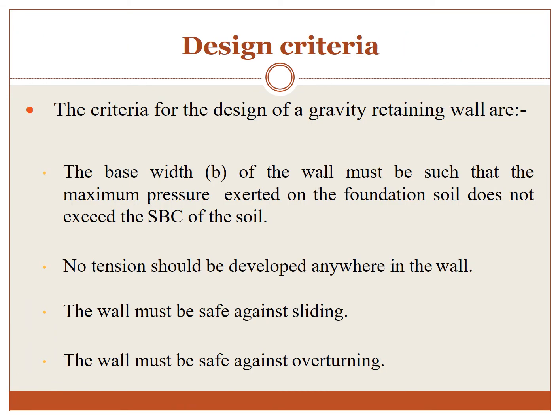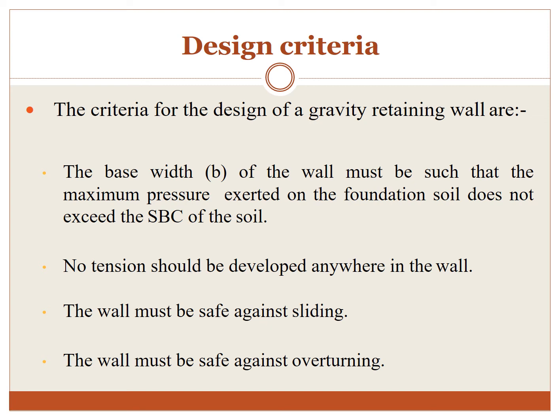So the design criteria for the gravity retaining wall are: the base width B of the wall must be such that the maximum pressure exerted on the foundation soil does not exceed the safe bearing capacity of the soil. Means the base width of the wall should be such that the maximum pressure exerted on the foundation soil does not exceed the safe bearing capacity of the soil.